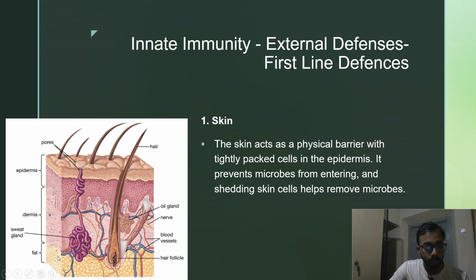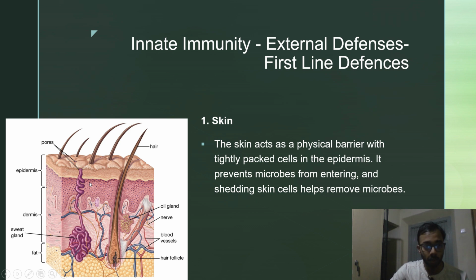Then there is the dermis, which includes glands, receptors, nerve cells, nerves, blood vessels, etc. And underneath the dermis there is the endodermis, which is mainly composed of fat cells or adipocytes. The skin acts as a physical barrier with tightly packed cells in the epidermis, and this prevents the entry of microorganisms into our bodies.